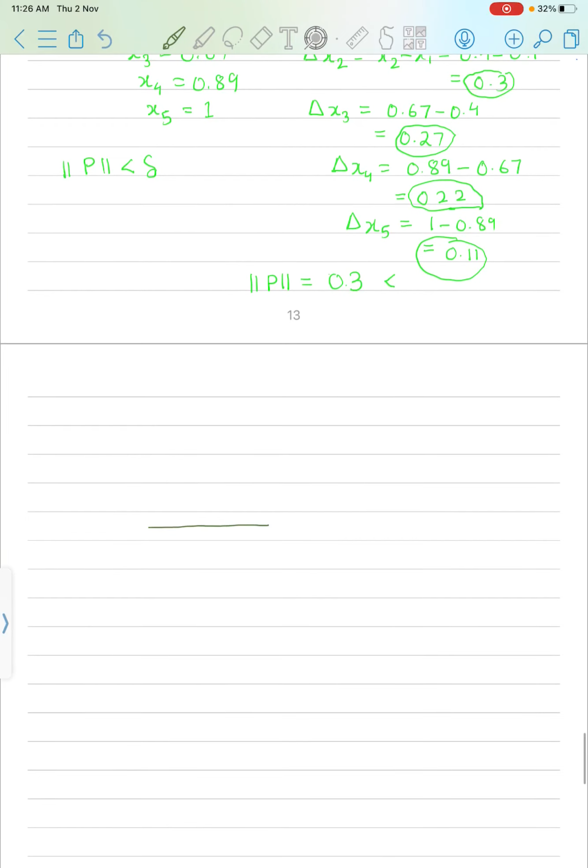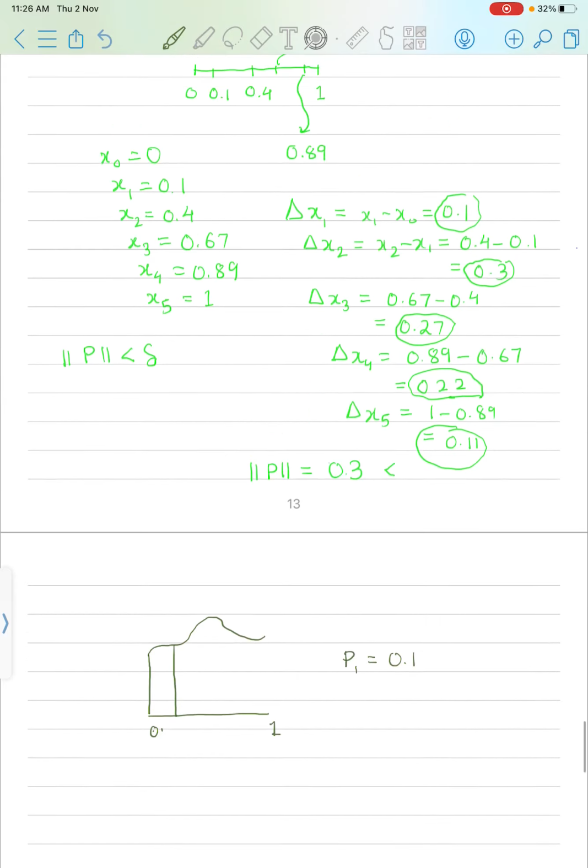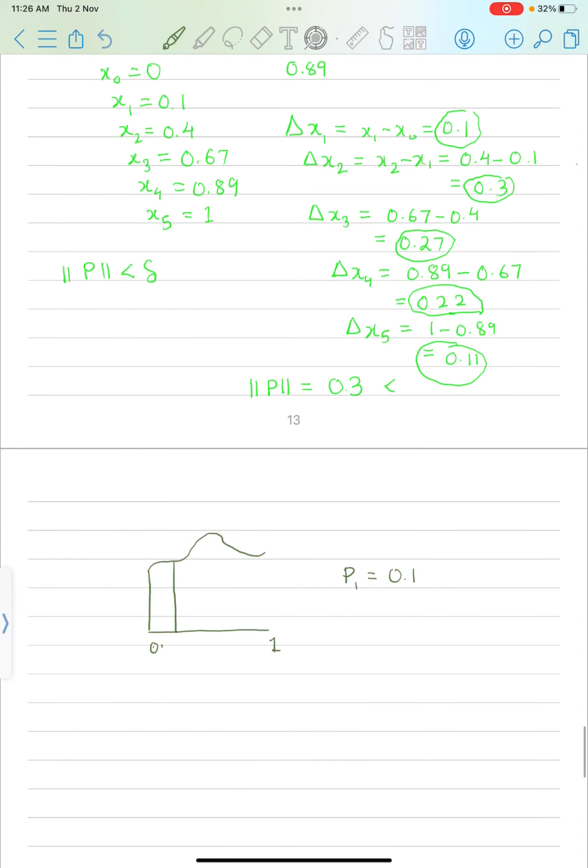Let's say our function is something like this, this is 0 and this is 1. My partition is the same as before: 0.1, 0.4, 0.67, 0.89.